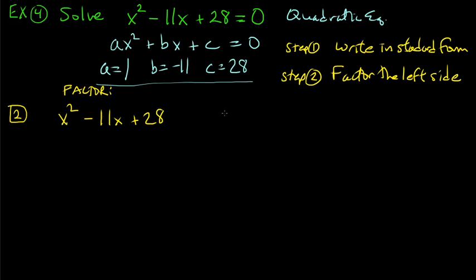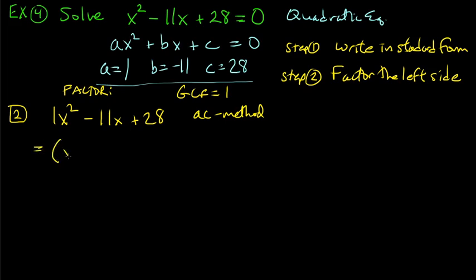And even before that, the GCF is 1. How do I know that? Because there's a 1 in front, and obviously there's no x over here, so we can't factor out an x. So we can't factor anything out, and it's a trinomial, so that means we can use the AC method. Although, since a is 1, we can even take the shortcut.